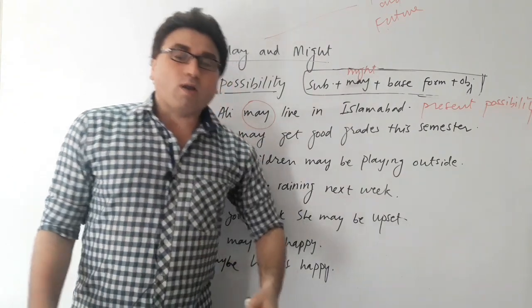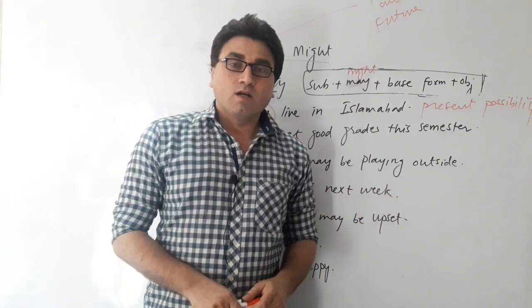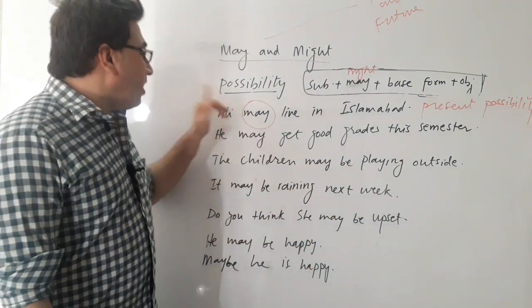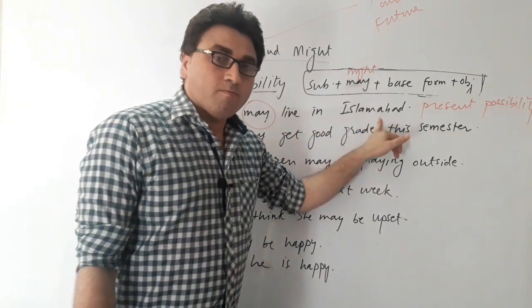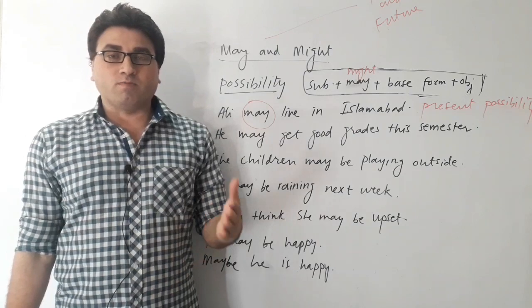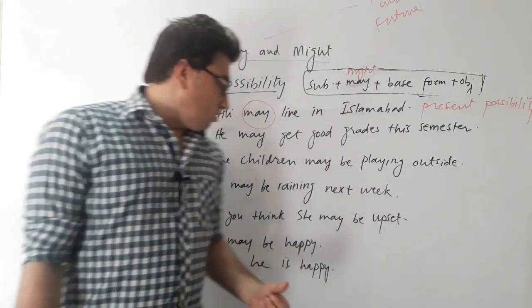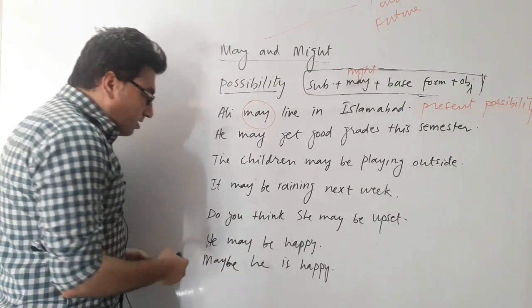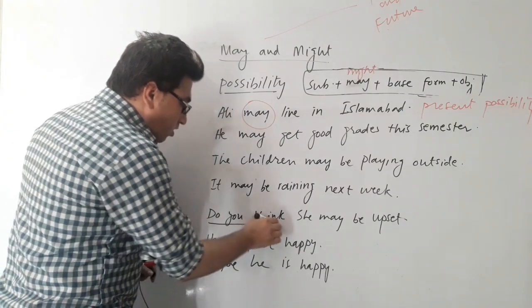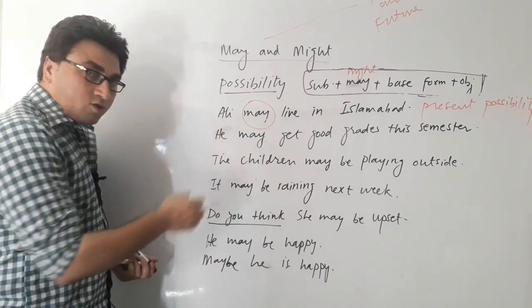Now, what about interrogative sentences? Is it possible to use interrogative sentences? Like, can I say, may Ali live in Islamabad? No, it's not possible. If you are talking about possibility and you want to ask a question, then what will you have to do? You have to say a sentence, do you think? And the rest of the sentence will remain the same.